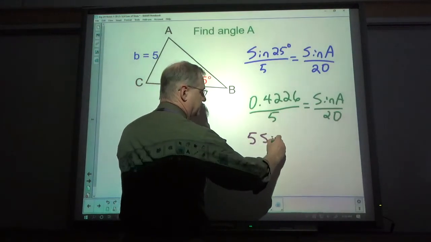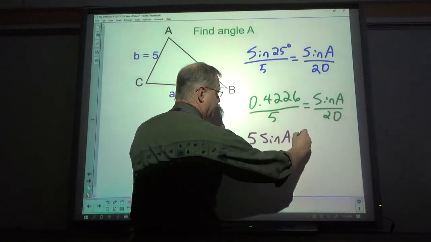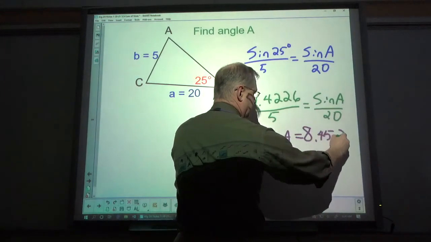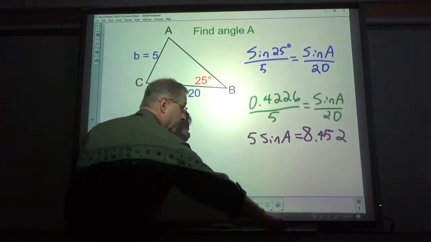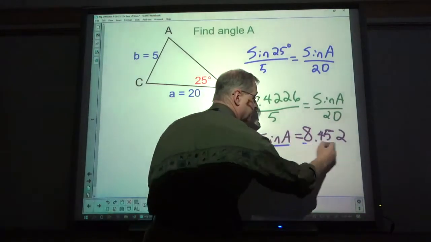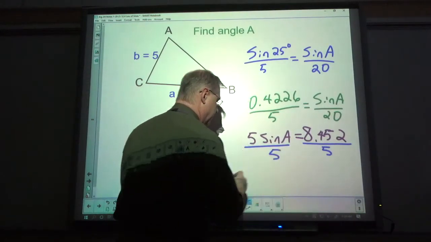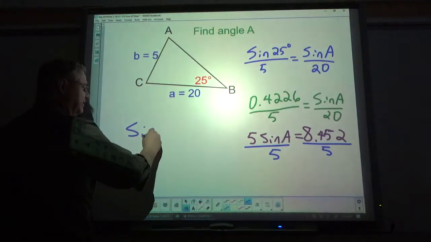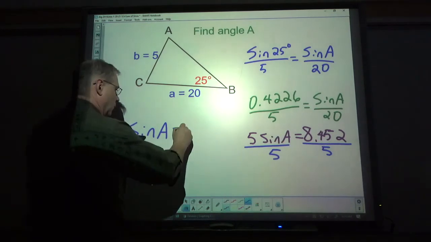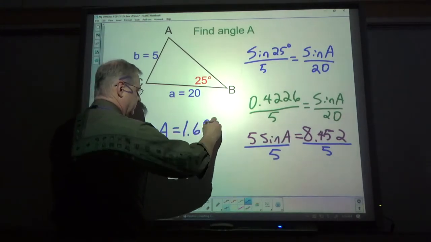5 sine A equals 8.452. Great so far. Divide by 5 to get sine by itself. Sine of A equals 1.6904.